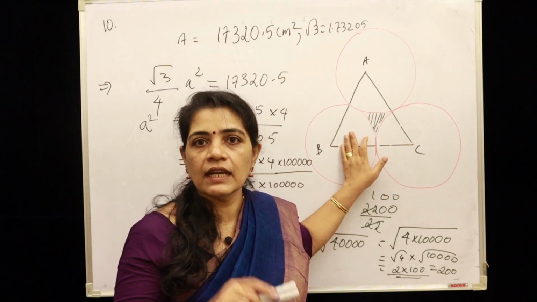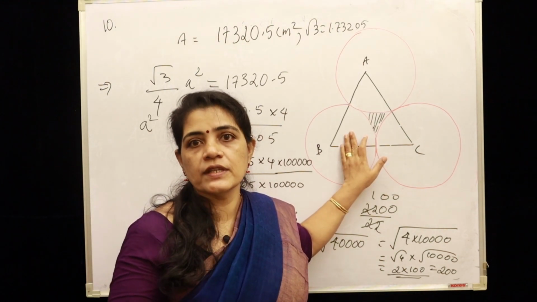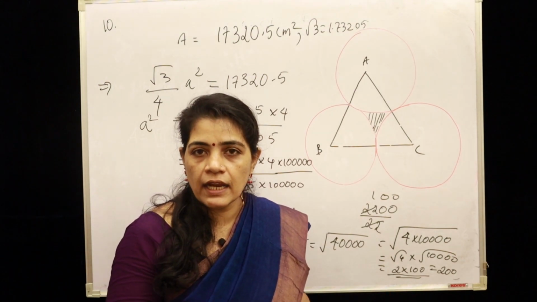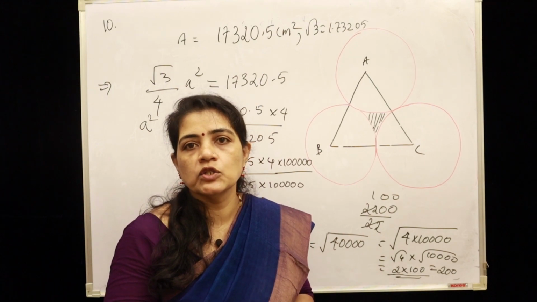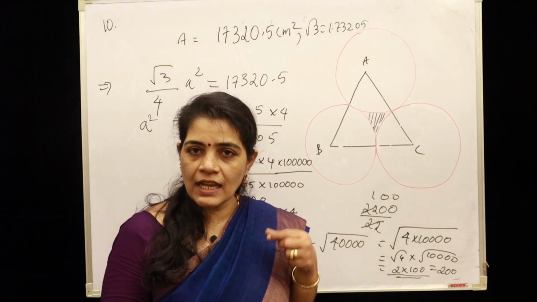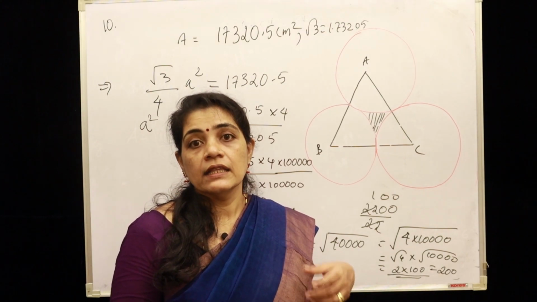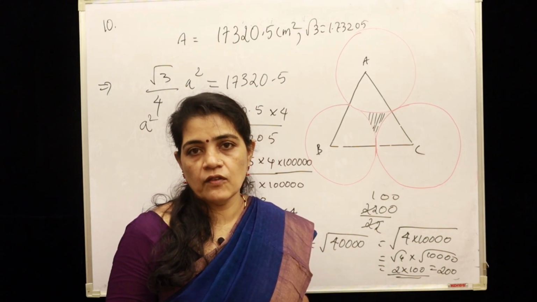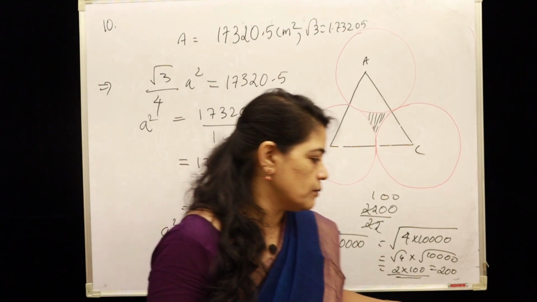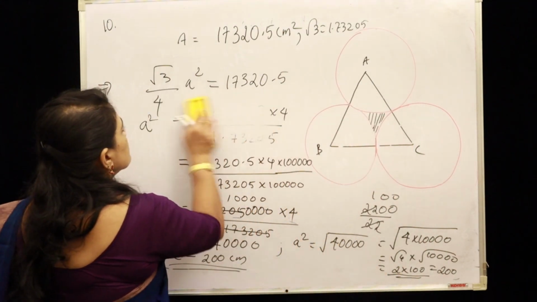According to the question, the radius is half the side. Side we have seen is 200 centimeter, so the radius will be 200 by 2, that is 100 centimeter. In the next step we are going to calculate the area of a sector when theta is equal to 60 degree.